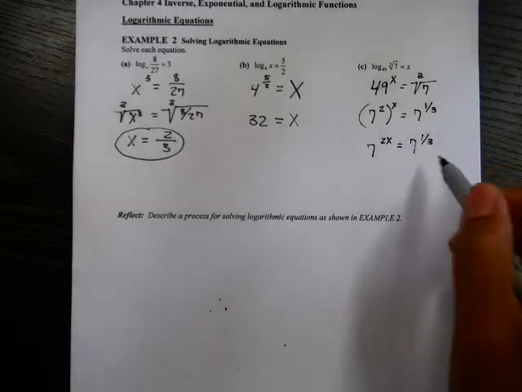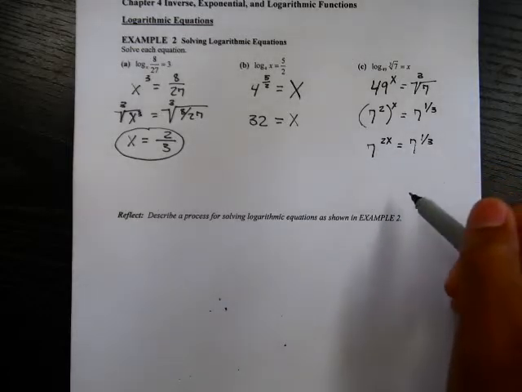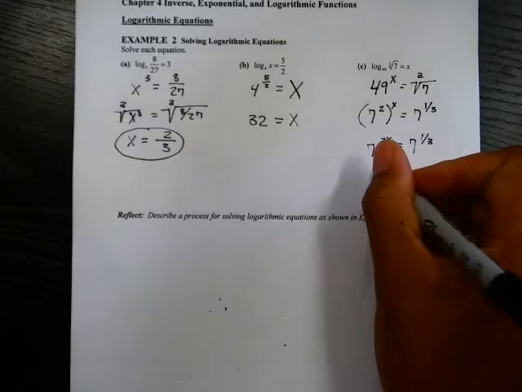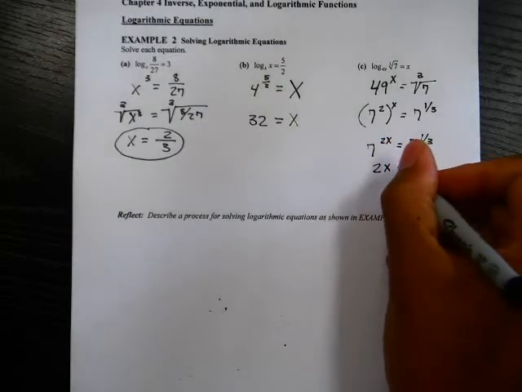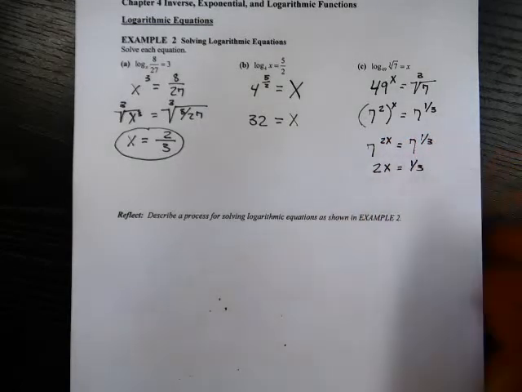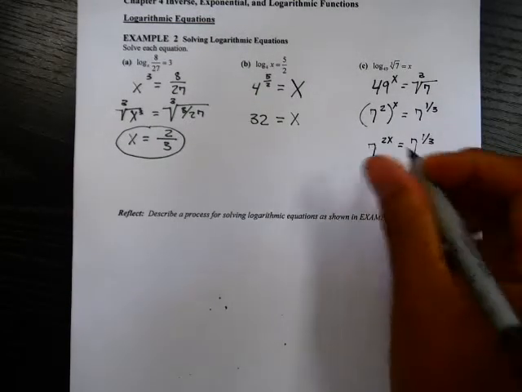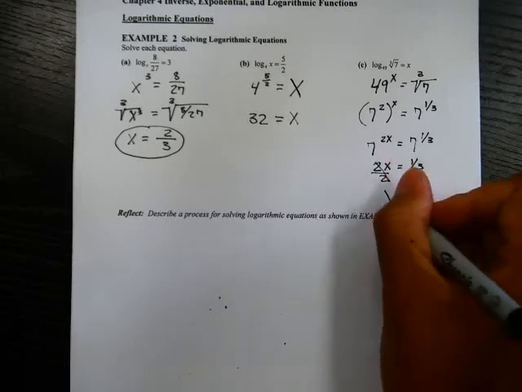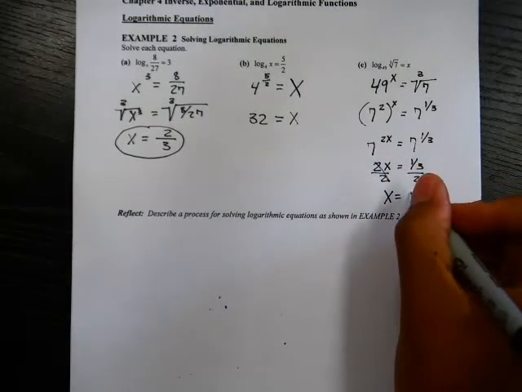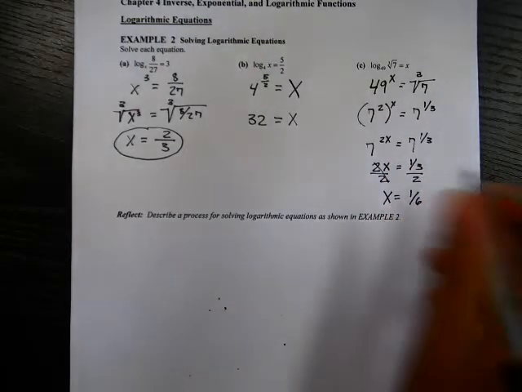And at this point, since our bases are the same, we can set their exponents equal to each other. So this would be 2x equals 1 over 3. Divide both sides by 2. And I get x equals 1/3 divided by 2, which is 1 over 6.